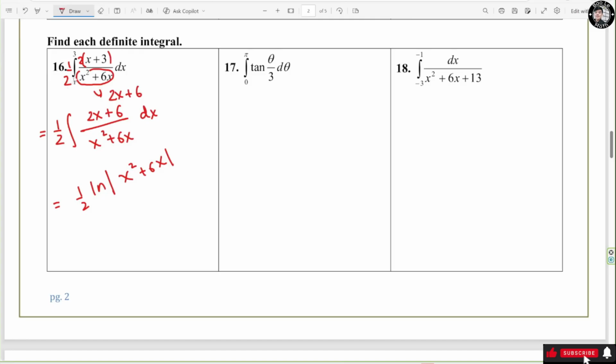Now since this one is the definite integral from 1 to 3, we put 1 right here, we put 3 right here, and this should be evaluated from 1 to 3.